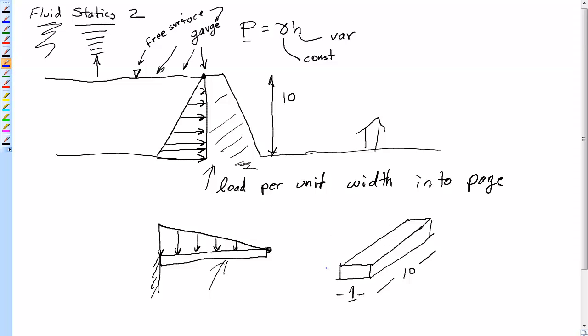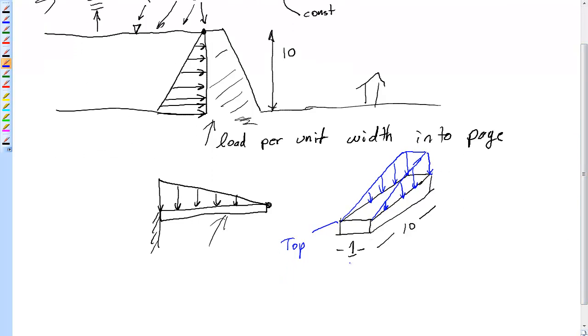The load, this being the top, would kind of go like this, up like this, and it would come down this side, and it would be what's commonly called a pressure prism, or basically a load here. Now, since this is constant throughout, you could turn this around.